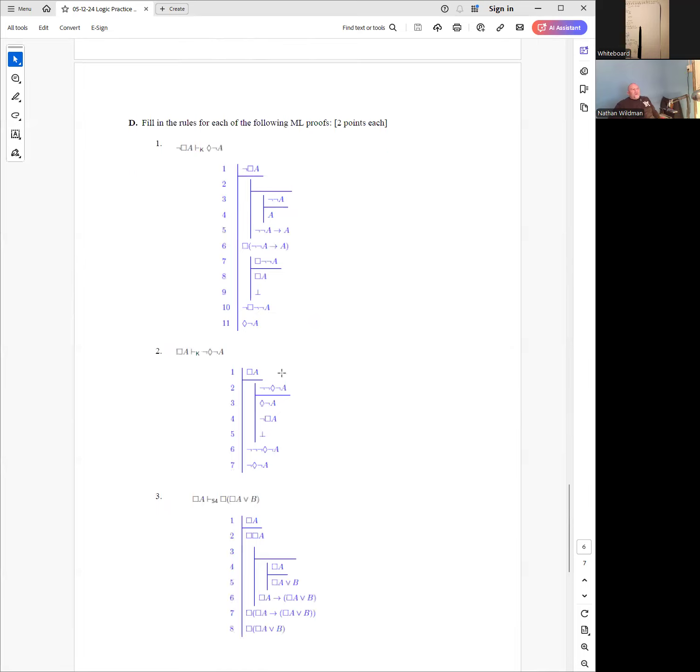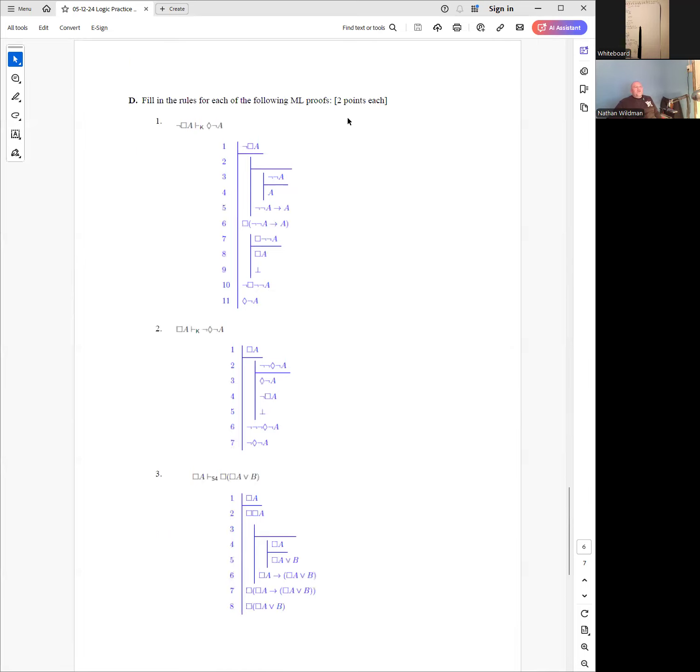And then you're off and running. And note here, these are also worth 2 points apiece. So the idea is if you get most of them right, you get like 1 or 1.5 points. If you just get 1 or 2 rules right, 0.5, you get the idea.